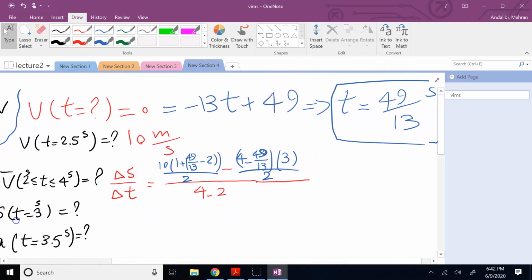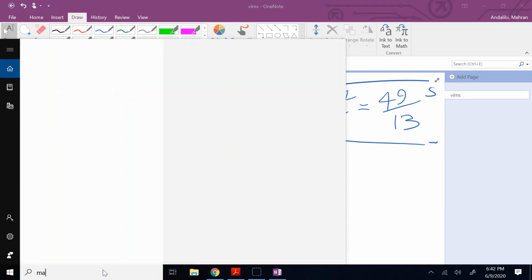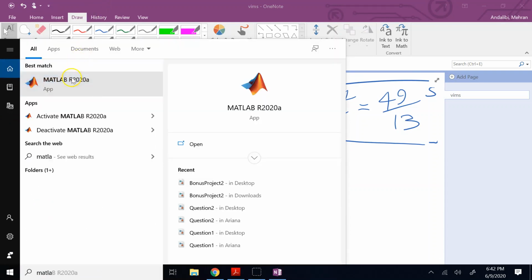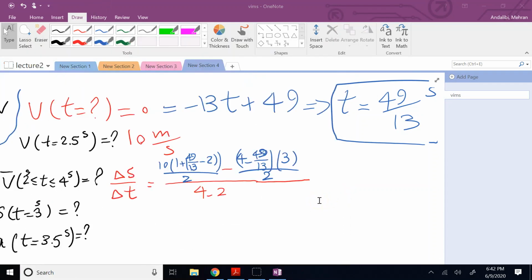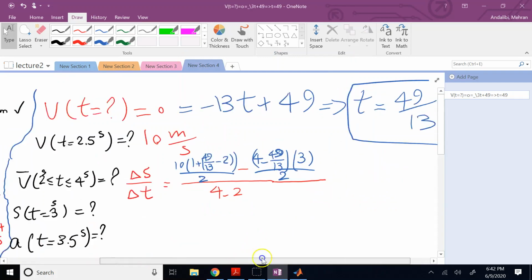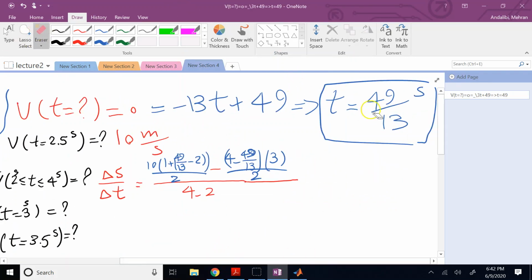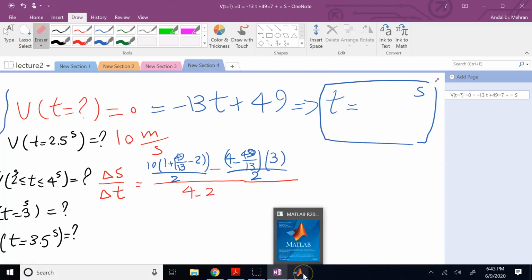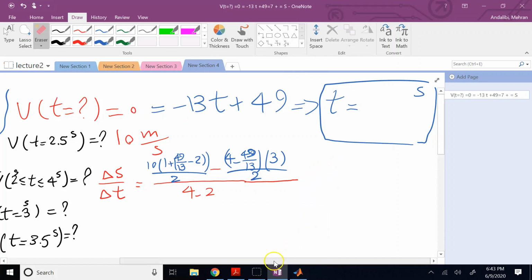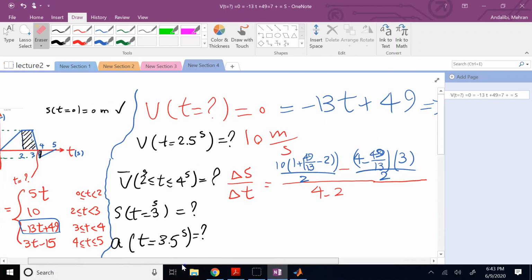Okay, so this is going to be the average velocity between those points, and I am going to use MATLAB and calculate that for you, although we probably can do it without MATLAB as well, but let's just get a proper decimal and round it to 2 decimals as I said in the very first video.